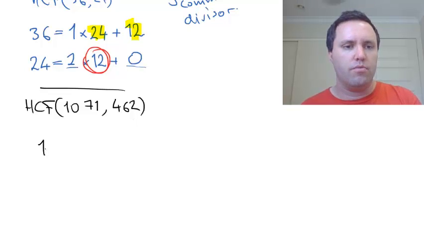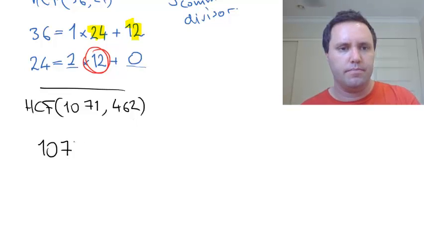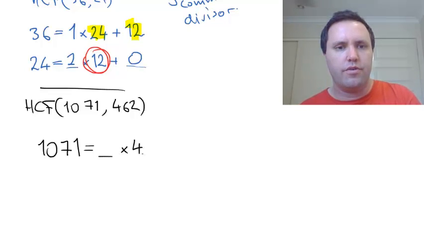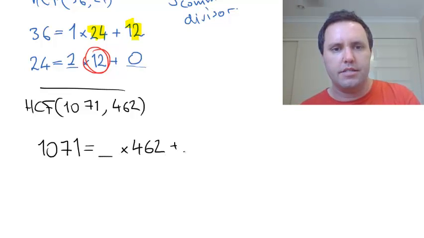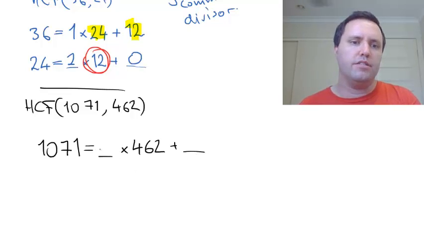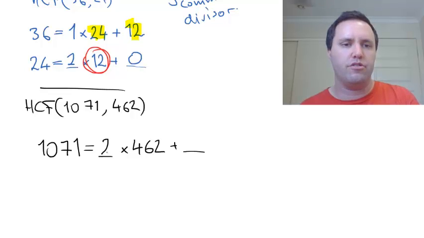So 1071 is equal to some amount of times 462 plus some remainder. 3 times 462 is not going to fit inside here, so it's going to have to be 2.